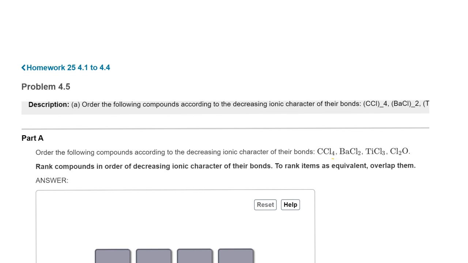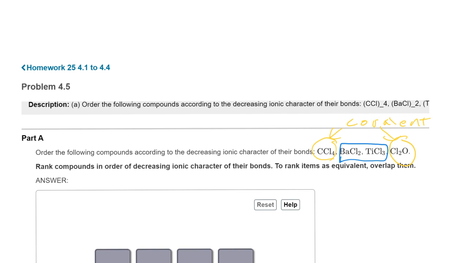Well, if you look at your choices here, right away, you see two compounds that are clearly covalent. So really, the ones that we're having to decide between, first of all, are our barium and our titanium. Both barium and titanium are bonded to chlorine.